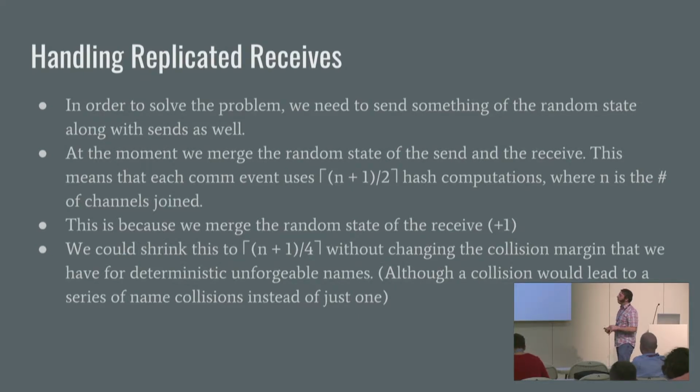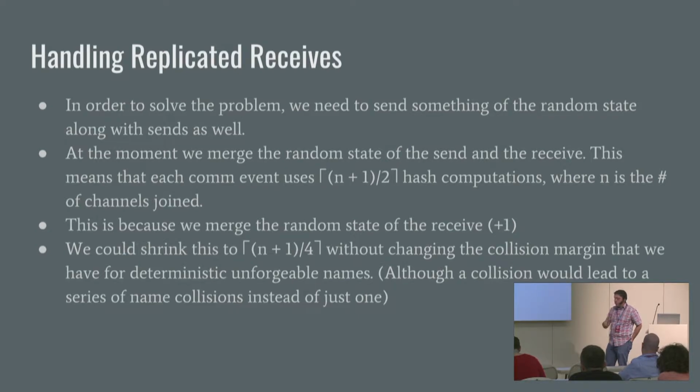So at the moment, we take the random number generator state of the for and the random number generator state of all of the incoming data, and we merge them. That means that each COM event uses, you can read the formula, but we do some number of hash computations. In the majority of cases, that's 1, and it's always going to be 1.